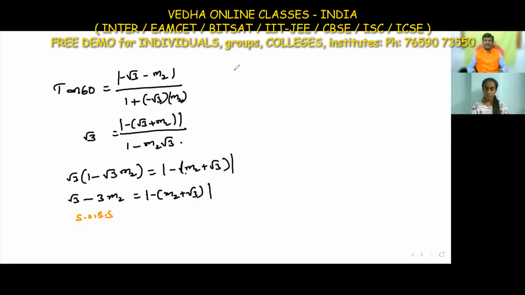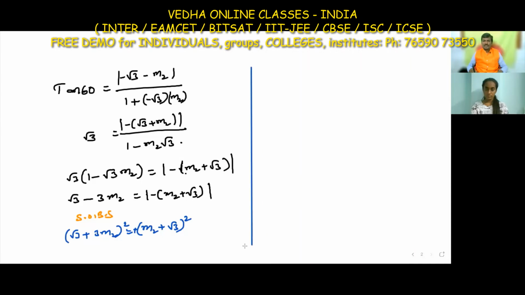If we square on both sides, then (root 3 minus 3m2) whole square equals (m2 plus root 3) whole square, since the modulus is removed and the minus sign becomes positive.